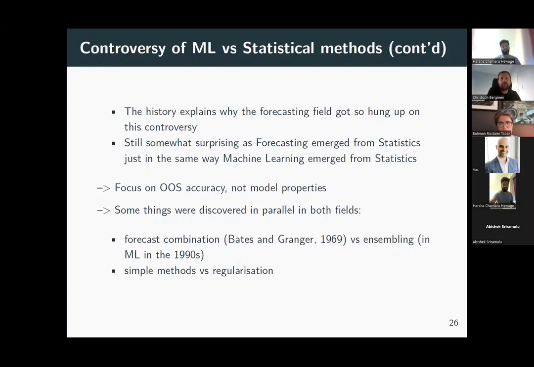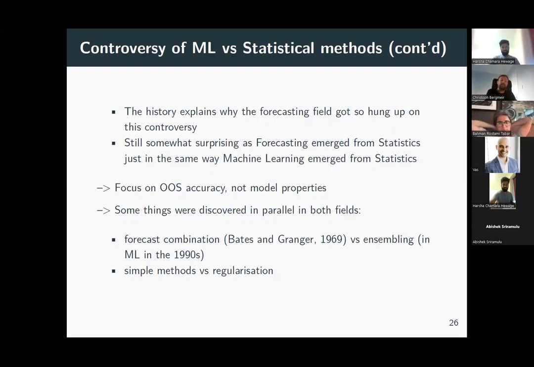Yeah. Exactly. So I think this is a bit of context that should show you why the forecasting field got quite hung up on this controversy. I still find it a bit surprising, as forecasting actually emerged from statistics just the same way that machine learning later emerged from statistics, namely by a focus on out-of-sample accuracy instead of model properties. And that actually also led to some things being discovered quite independently in both fields.